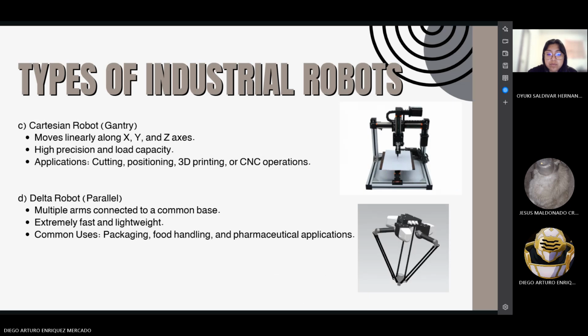Third, the Cartesian robot, also known as a gantry robot, moves along the X, Y, and Z axes, great for counting and 3D printing. Finally, the delta robot is fast and lightweight, used in packing, packaging, and food handling.